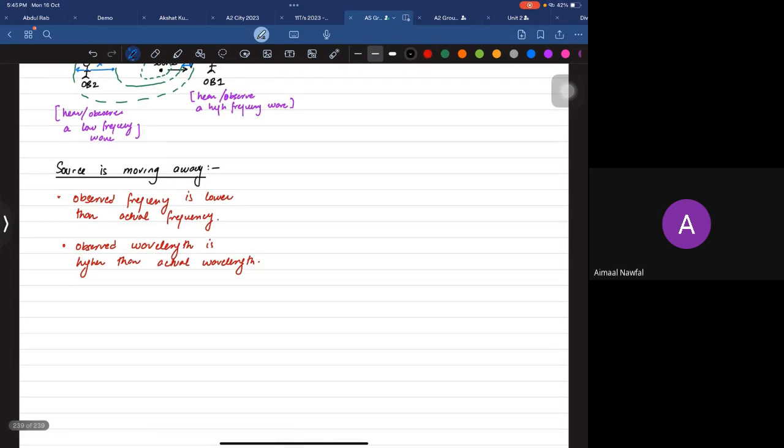Now, when the source is moving towards the observer, what do you experience?